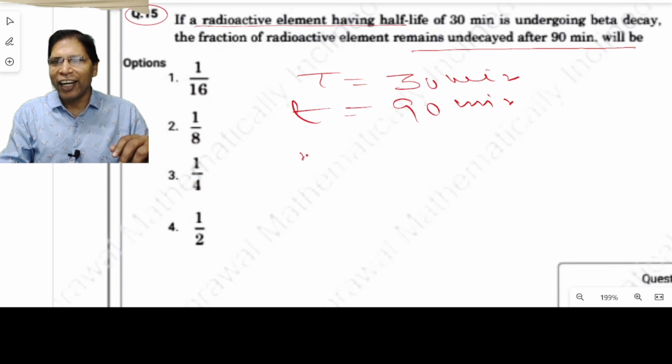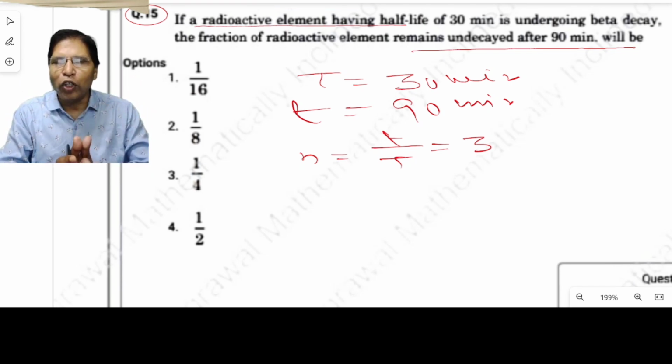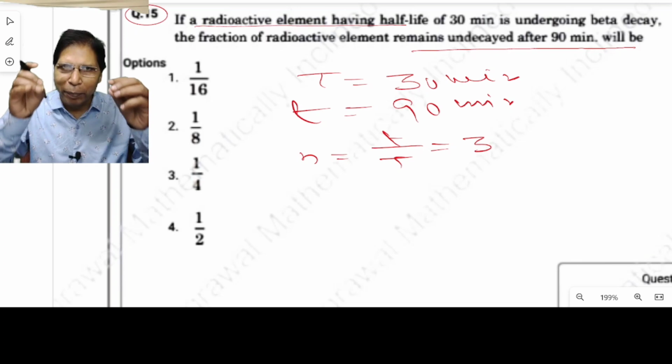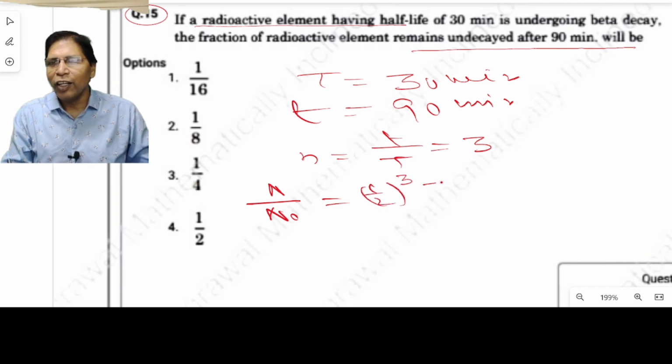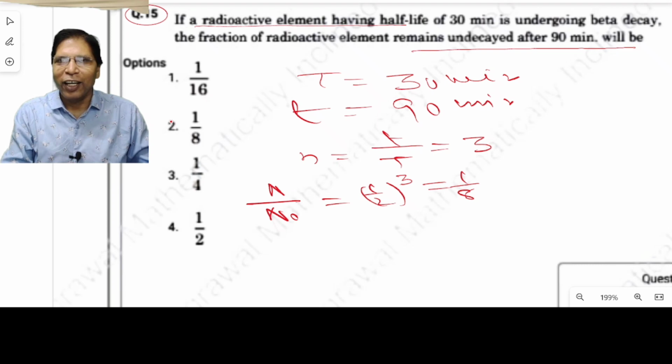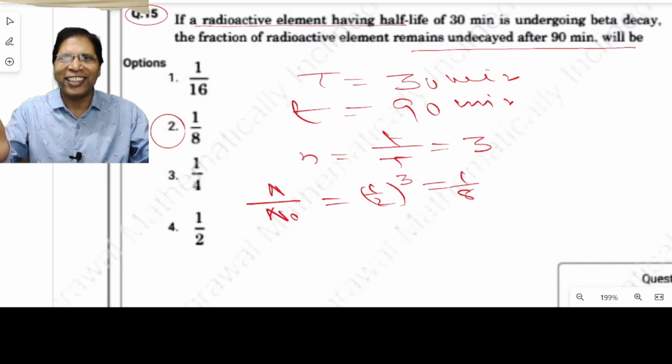So the number of half-lives is t by capital T, so this is 3. Now the amount of radioactive element remaining is N by N naught, which equals half to the power 3, so this is 1 by 8. Look at this, option 2 is correct.